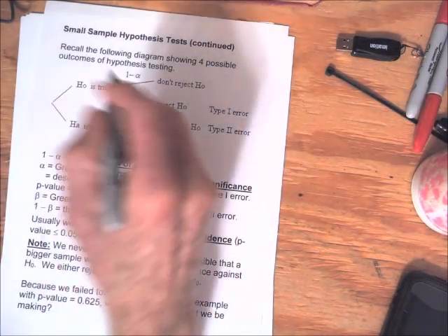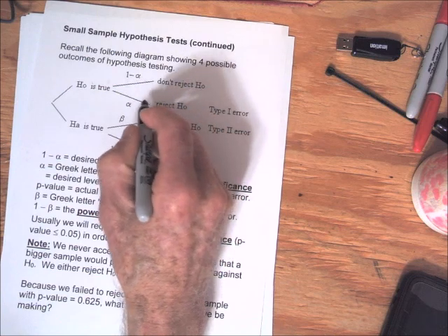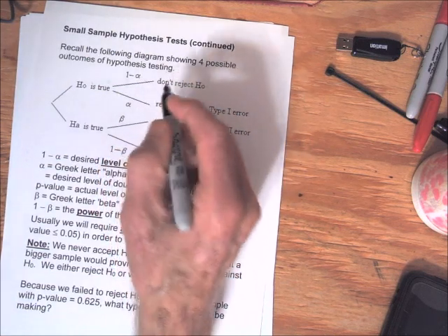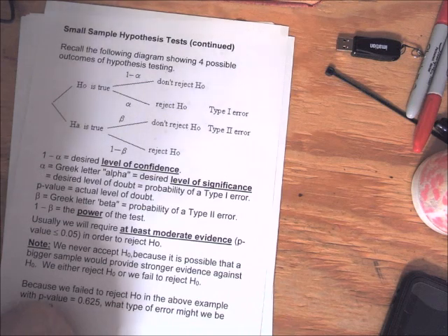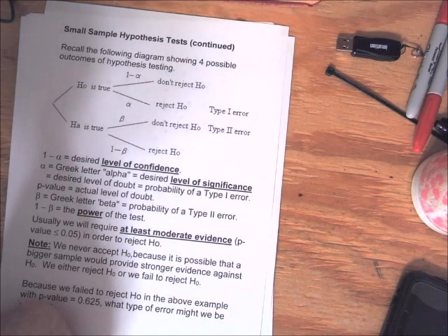So alpha is our desired level of a type 1 error. That's often established by the researcher. Some researchers would use 0.01 or 0.05. It represents how accurate we would like the results to be, or how strong we want the conclusion to be.